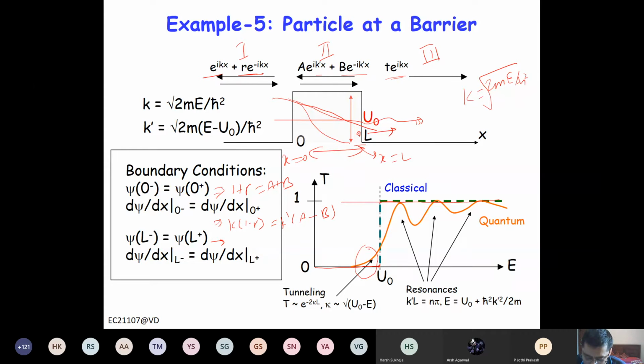So that's why you see a finite probability here for transmission. And for energy more than the potential barrier, there's a finite probability that these electrons can be reflected, right? But these are the resonance points, KL equal to n pi. So this KL will be pi, this KL will be 2 pi, this KL will be 3 pi.